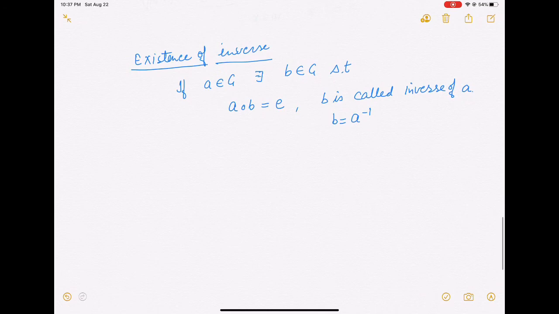So, in case of N with plus, if 2 belongs to N, do we have an element which added to 2 gives us the identity element 0? No, there is no element that belongs to N, because minus 2 satisfies this property. 2 plus minus 2 equals 0, but minus 2 does not belong to N.